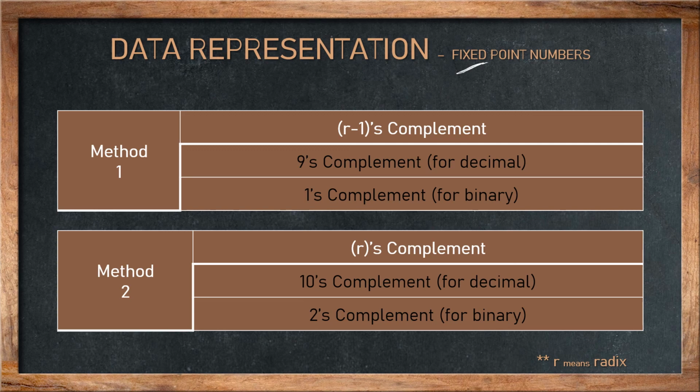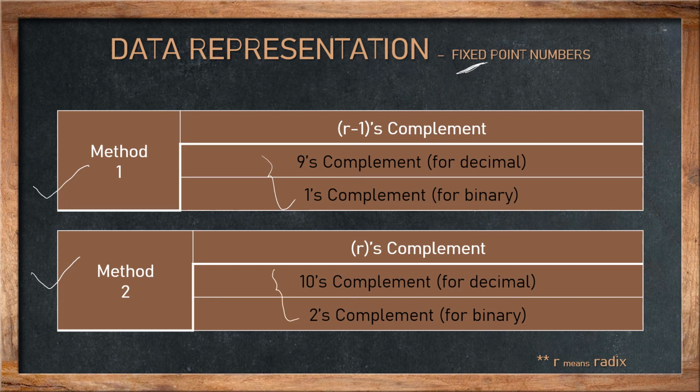These days we are learning fixed point numbers. In fixed point numbers, again there are two methods. Method 1 contains the r minus 1's complement, which has two types, 9's complement and 1's complement, and method 2 is the r's complement method, which has 10's complement and 2's complement.